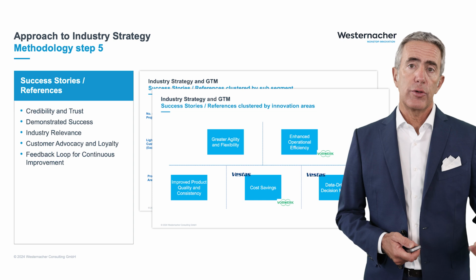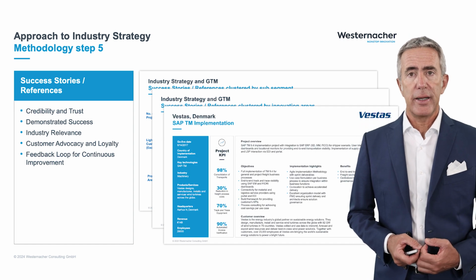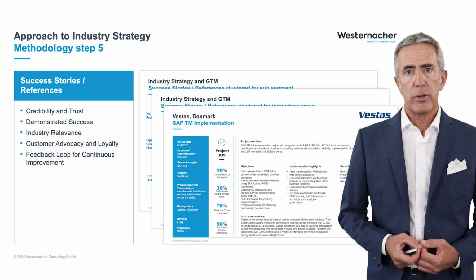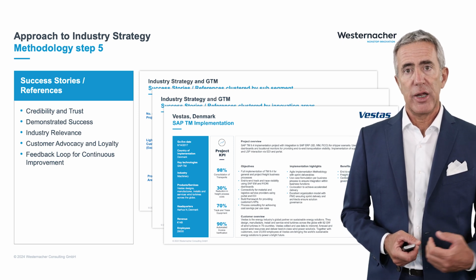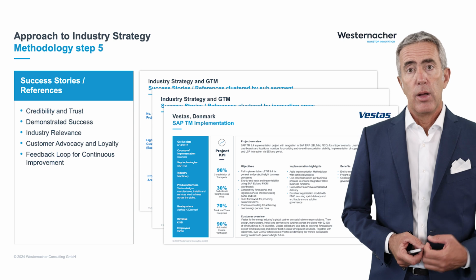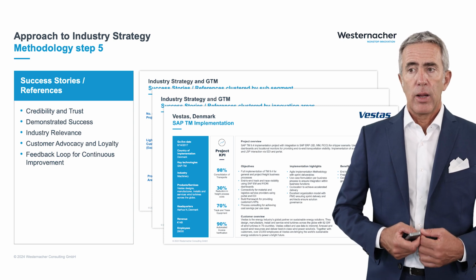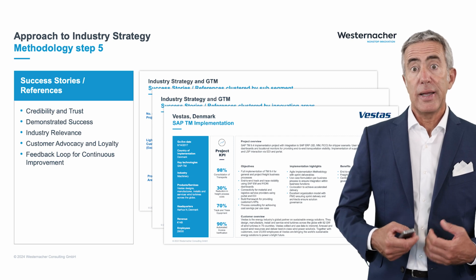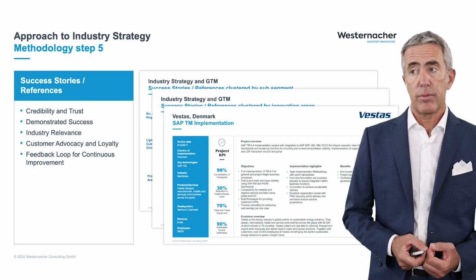And of course, we can provide even more detailed information about this transformation of this specific customer, with the benefits achieved, with the project KPIs, and what they got out of this transformation.